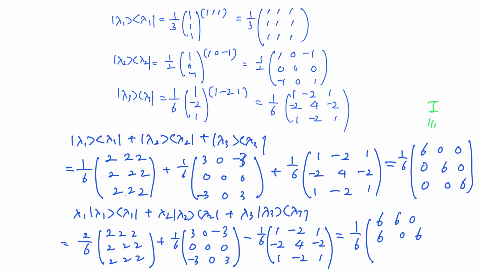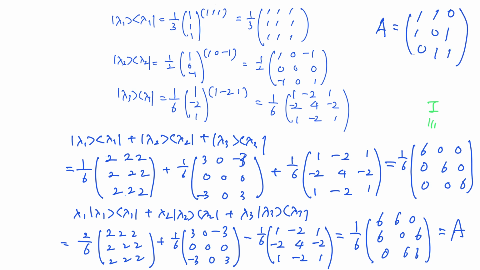So again, 0, 6, 6, which is the same as A, right? A is given by 1, 1, 0, 1, 0, 1, 0, 1, 1. So the spectral theorem is valid for a 3 by 3 Hermitian matrix as well.